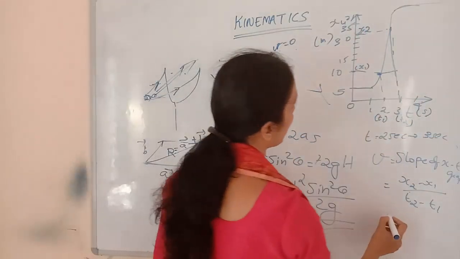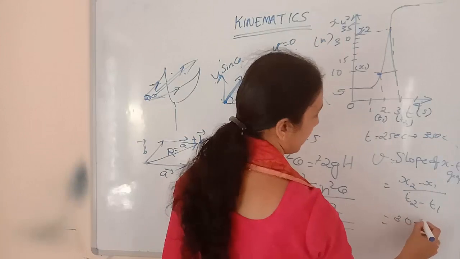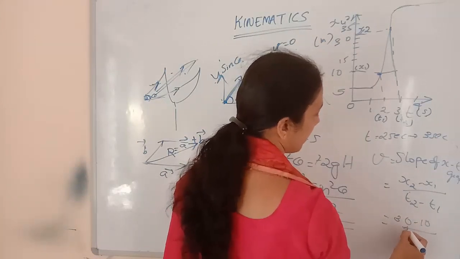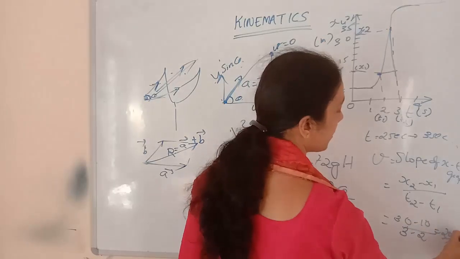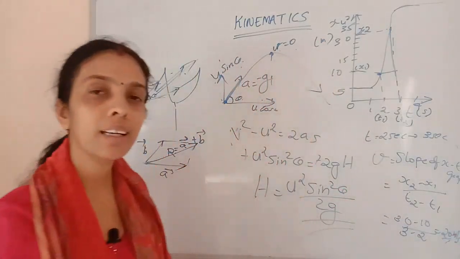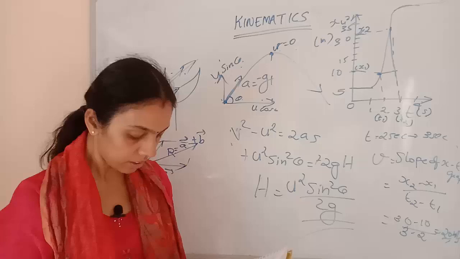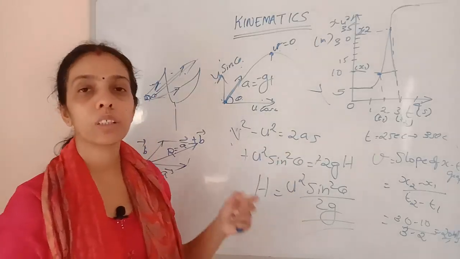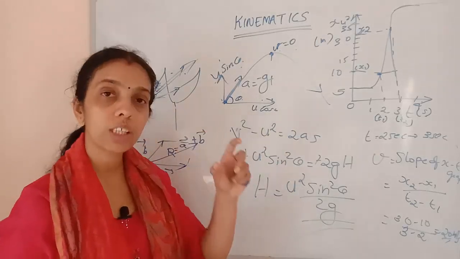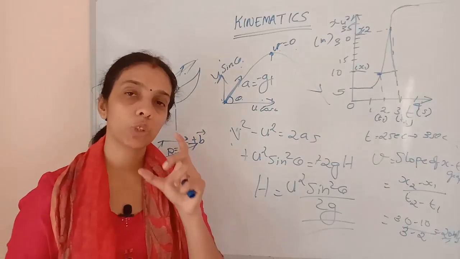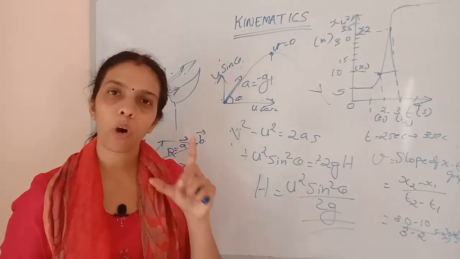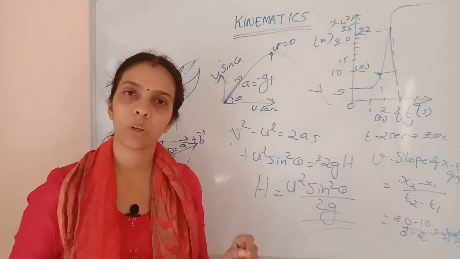So difference in position is 30 minus 10 divided by 3 minus 2. So it is 20 meter per second. Okay, clear? This is how we will find out the velocity if the position time graph is given.